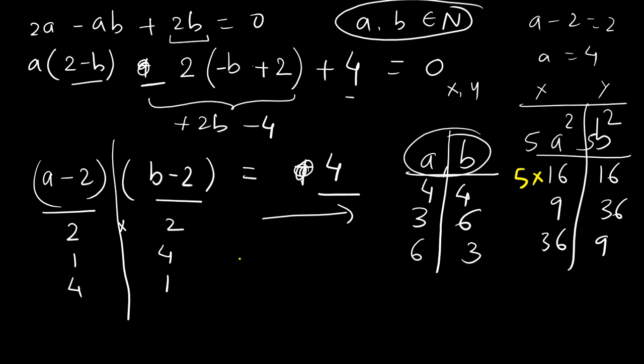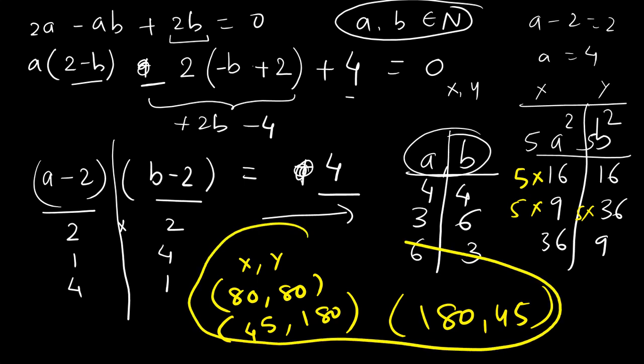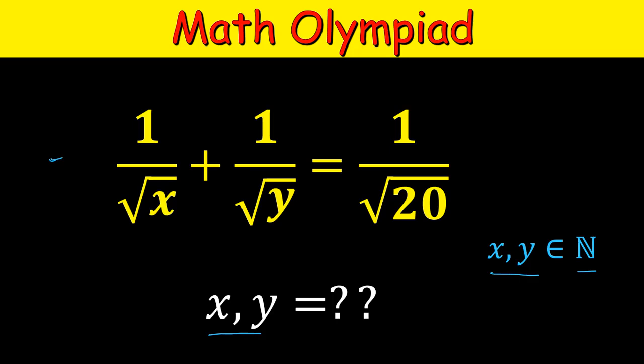So we get x and y as 80 and 80. It's one possibility. Second is 45, and 36 multiplied by 5 is 180, and here it's 180 and 45. So these are the possible values of x and y which satisfy this equation.